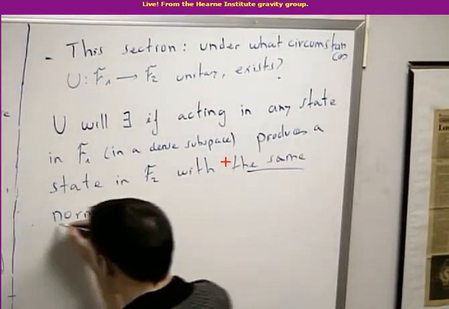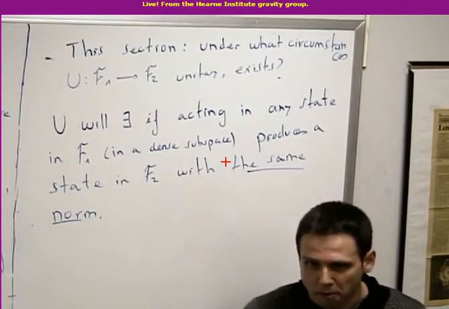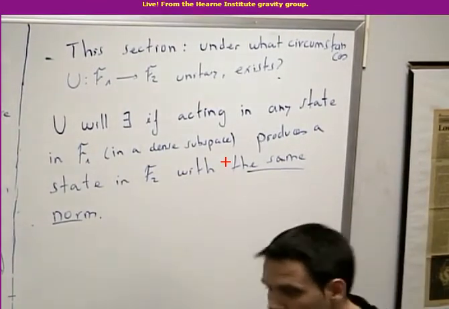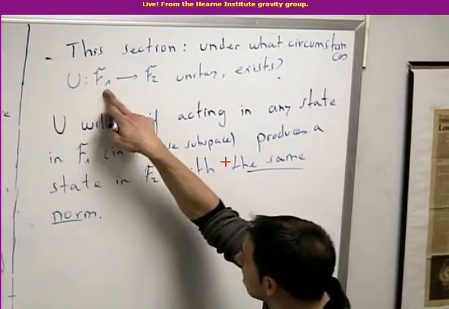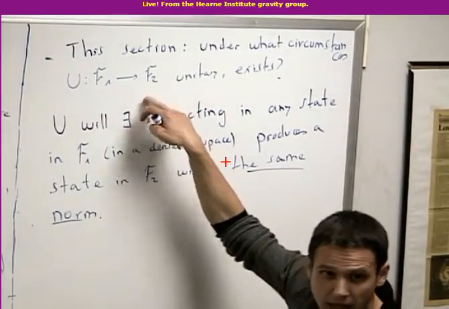This is what the unitary operator does. It preserves the norm. This is where the unitary condition comes from. So U will exist if acting on any state here gives me another state here with the same norm as the initial state.